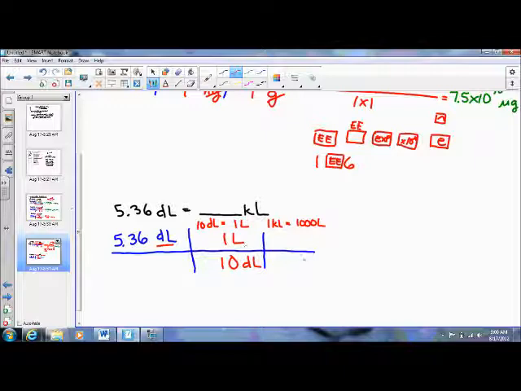The unit here goes down here to cancel it. Here's the liter to cancel. This is 1,000. Copy 1,000, 1 kiloliter. Cancel out units: DL, DL, L, L. Cannot cancel kiloliters. Now set up to multiply.